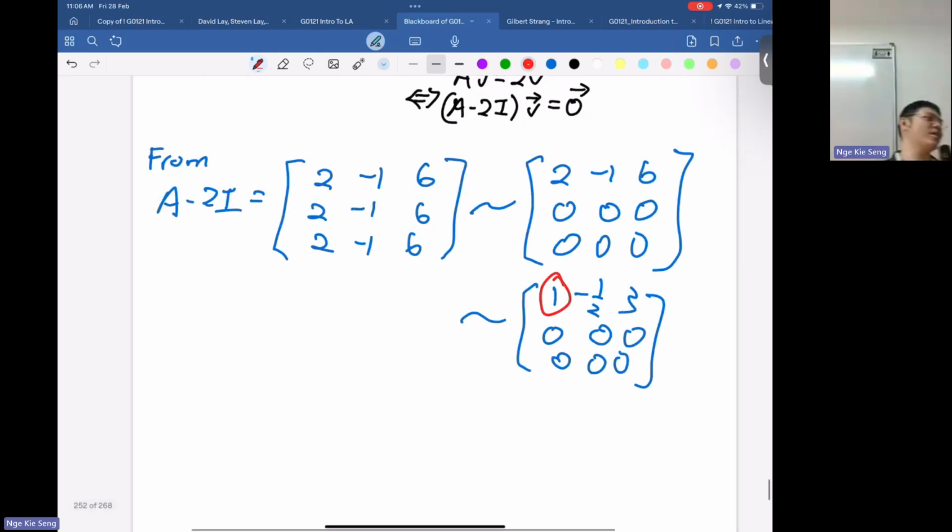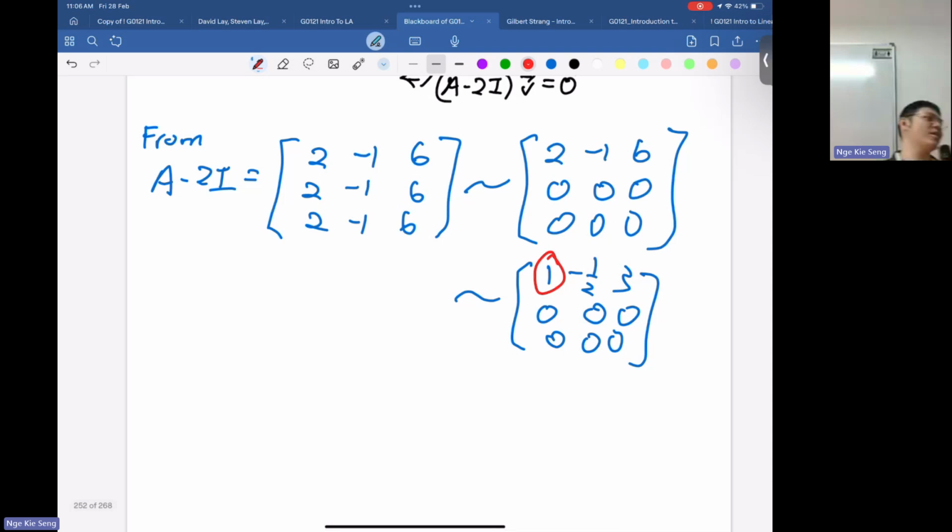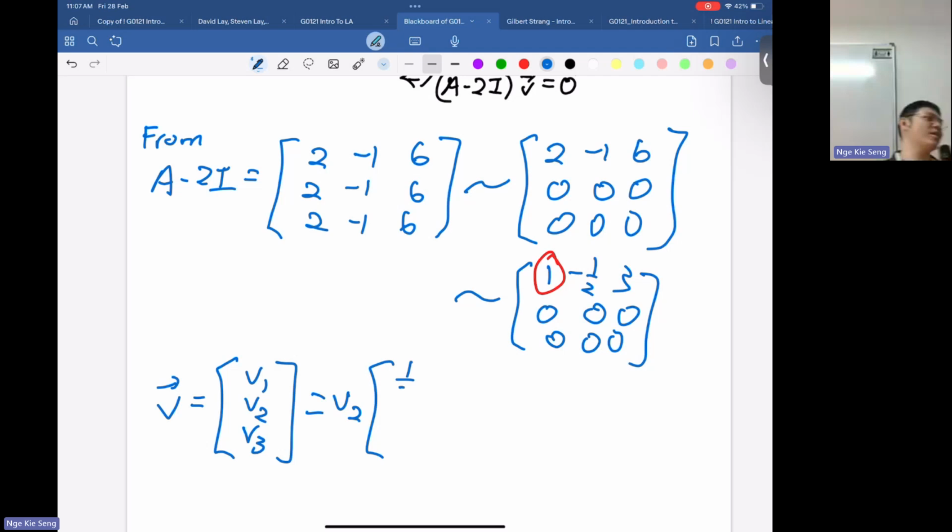So in parametric vector form, that's why we train you to write your answer in parametric vector form, because we want the vector solution. So V equals V2 times (1/2, 1, 0) plus V3 times (-3, 0, 1). This is the multiplication.